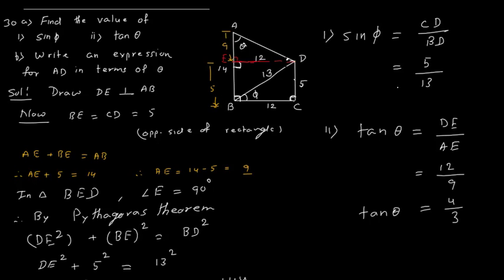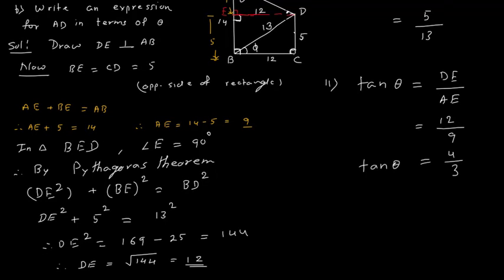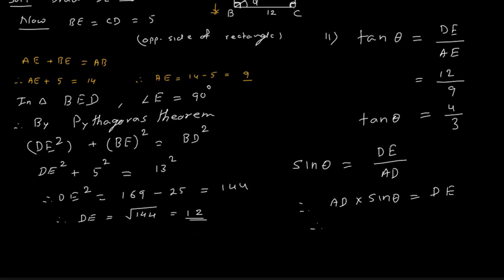Question B is to write an expression for AD in terms of theta. Now I have to express AD in terms of theta. If I say sin theta is DE upon AD, then AD into sin theta will become DE, therefore AD will become DE upon sin theta.